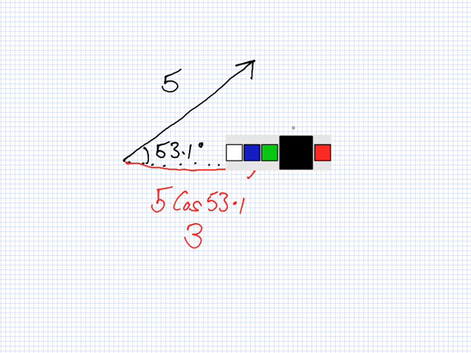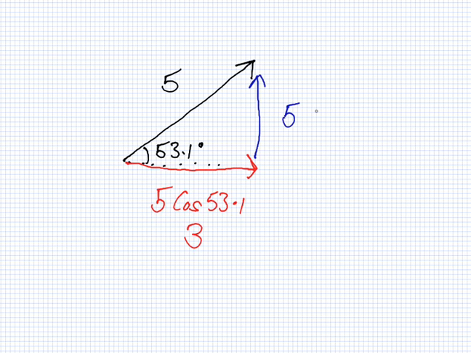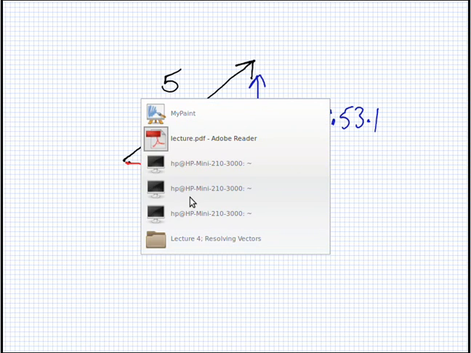And then what do I need if I want this side? 5 sine 53.1, which is, type it in? 4. Which of course it should be, because I'm just doing our answer backwards of the example I gave you. So it should be 3 and 4, because that's what we just did.